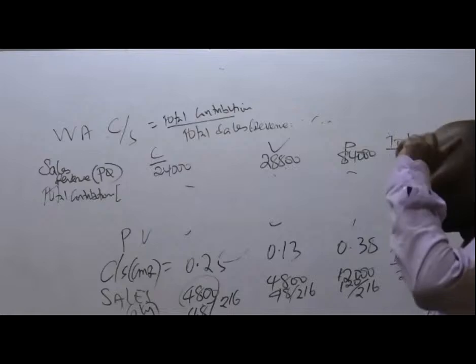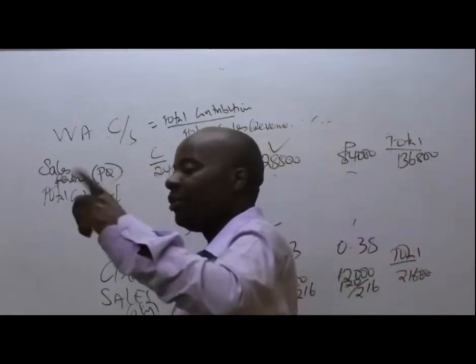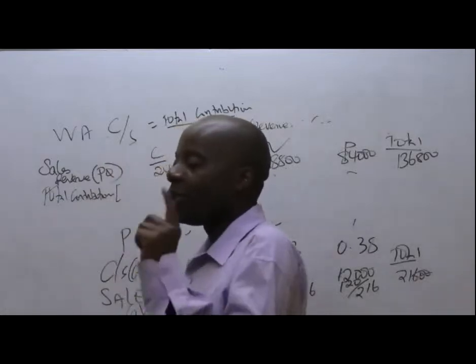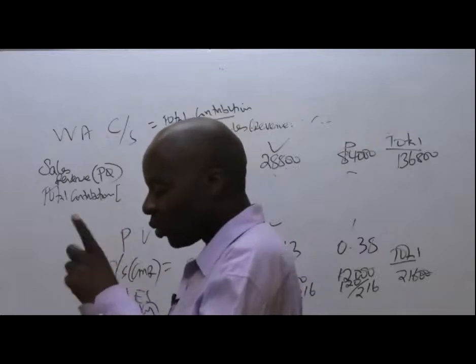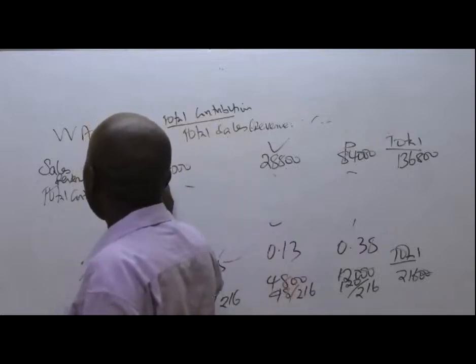I know what we shall do. We shall take contribution per unit times number of units. Contribution margin times quantity.